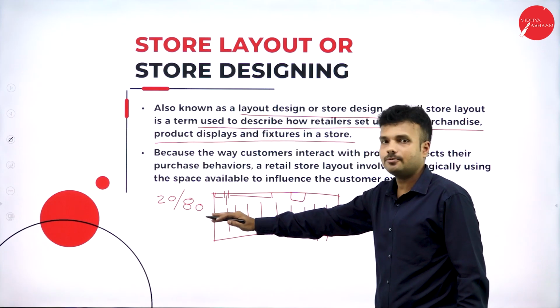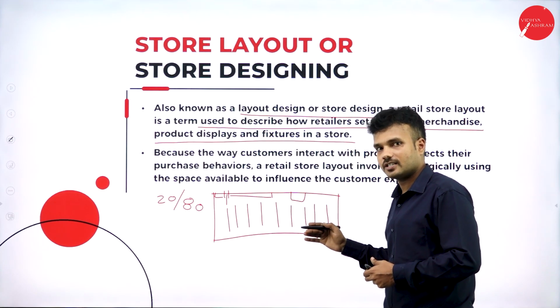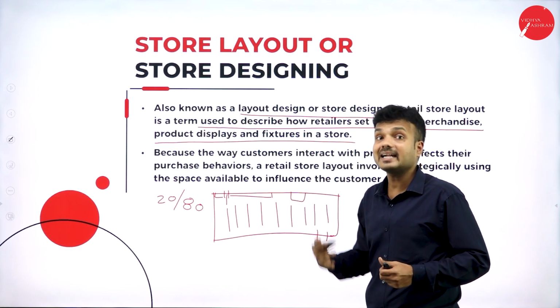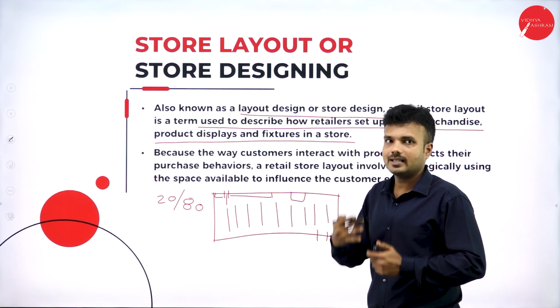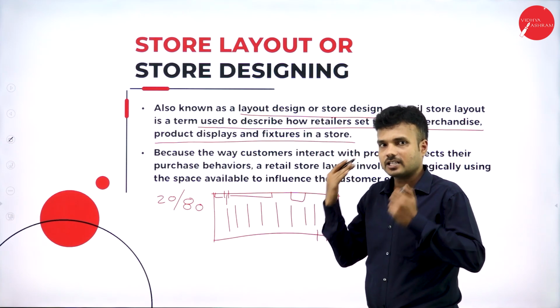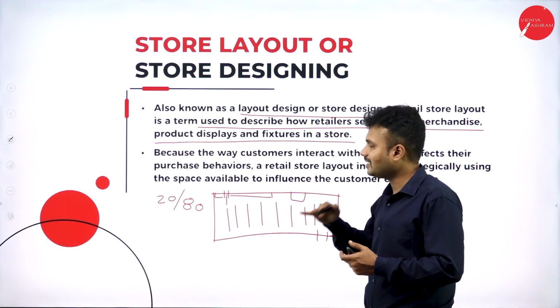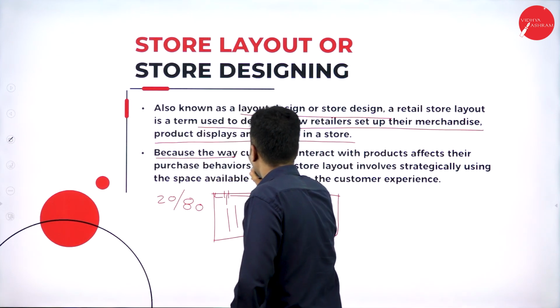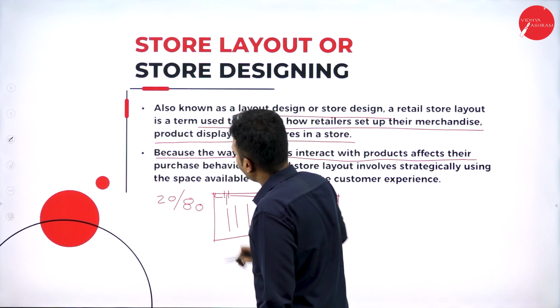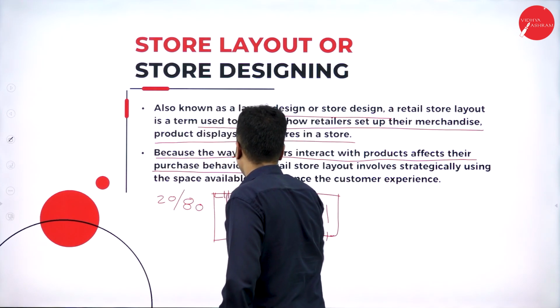As we know, they first place the furniture and fixtures, and after that they place the product very attractively so that the customers get attracted. To grab the mindset of the customers, they arrange in a systematized way, because the way that customers interact with the product affects their purchasing behavior.